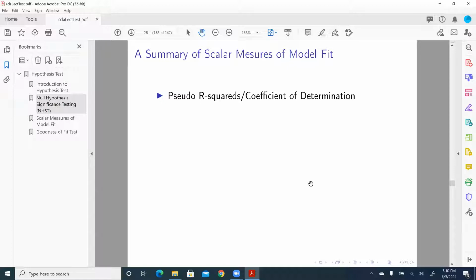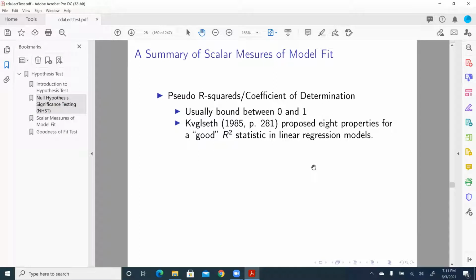So here, I want to talk about three major types of scalar measures of model fit. First is pseudo R-squares, analogous to the coefficient of determination in linear regression models. Usually, such measures are bound between 0 and 1.